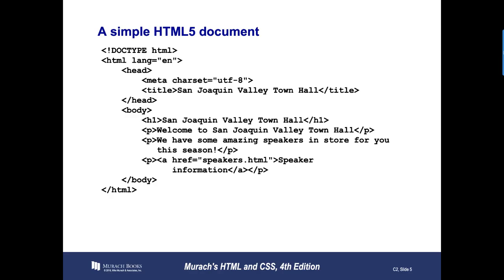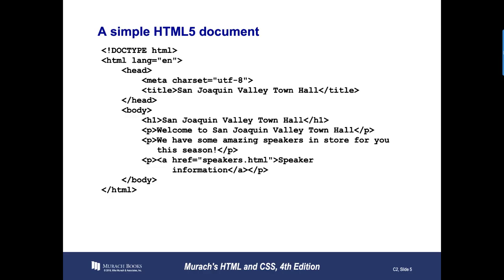And then the third paragraph starts with a P tag, and then it has what we call an anchor link, an anchor tag, which has additional attributes that specify where you want to direct this web page to go if the user clicks on the words speaker information.